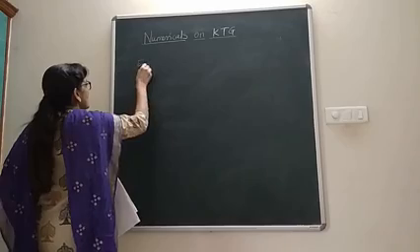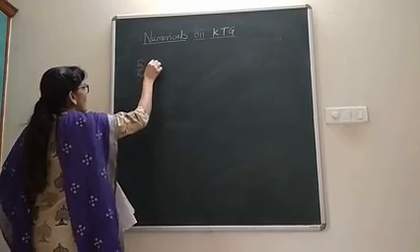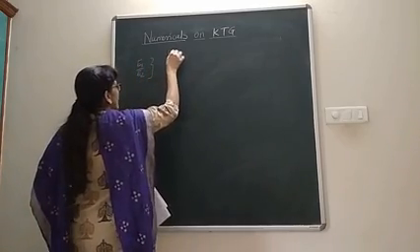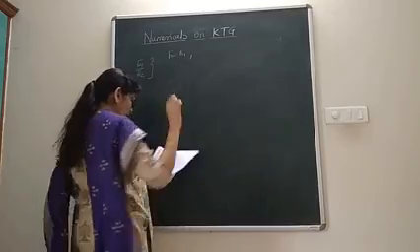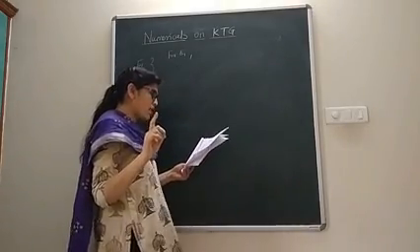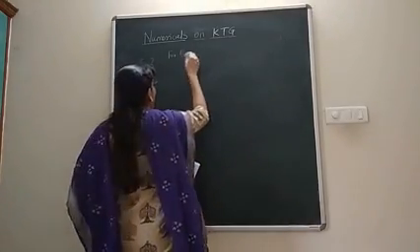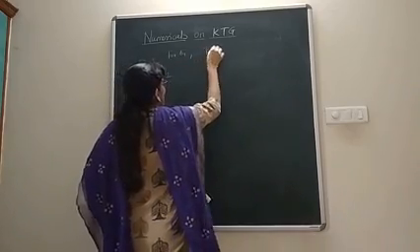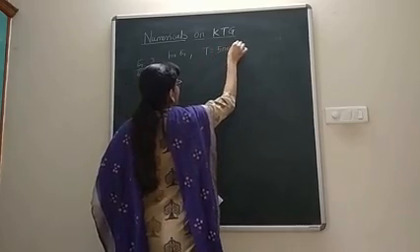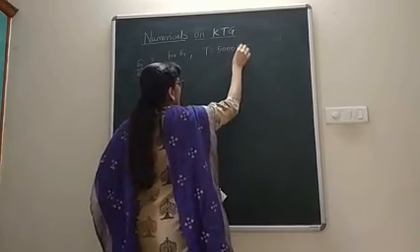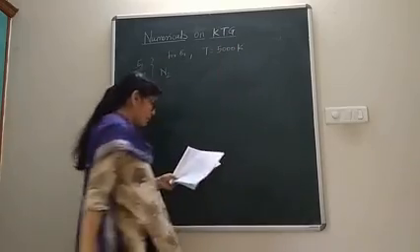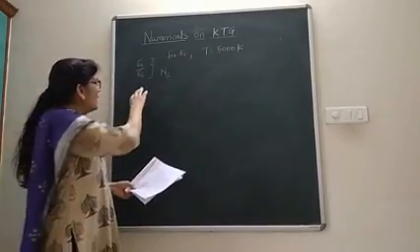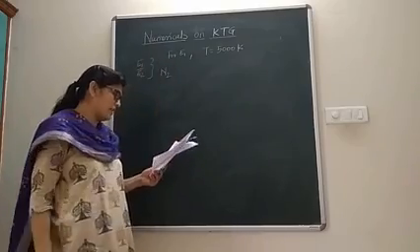Means two conditions are given for E1 and E2. So for E1, what is given? Temperature is 5000 K, right? And molecule is nitrogen molecule, right? It is given in K, no need to convert. For that, it has average energy E1.